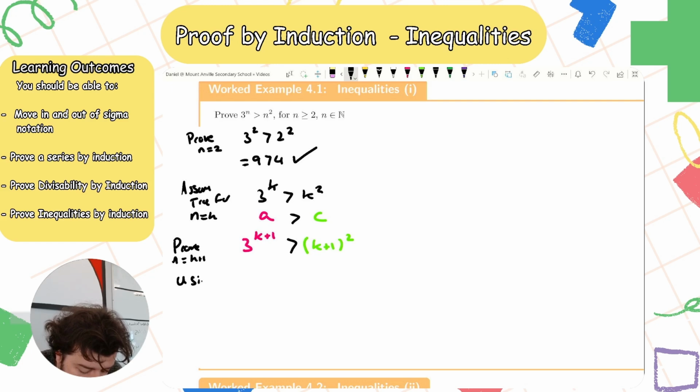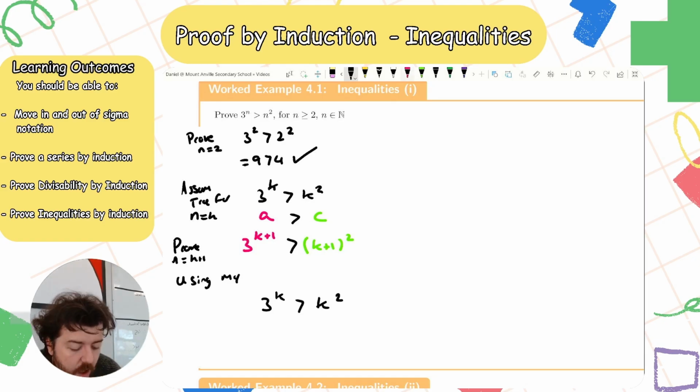So using my assumption, I have 3 to the k here is greater than k squared. I'm going to use my assumption, and now I need to make the left hand side of my assumption, 3 to the power k, look like 3 to the k plus 1. And how do I do that? Well, I multiply both sides of my inequality by 3.